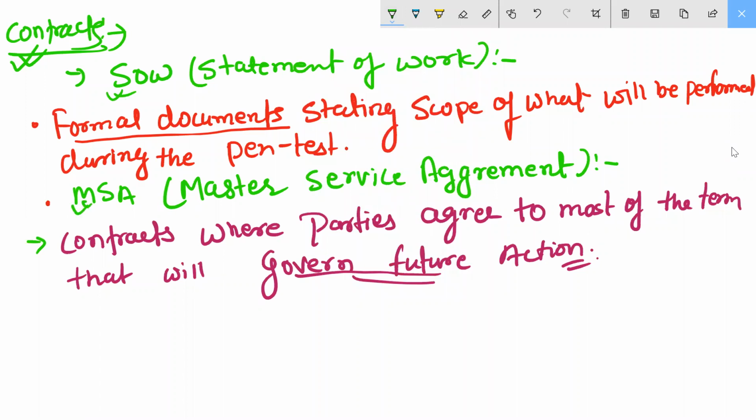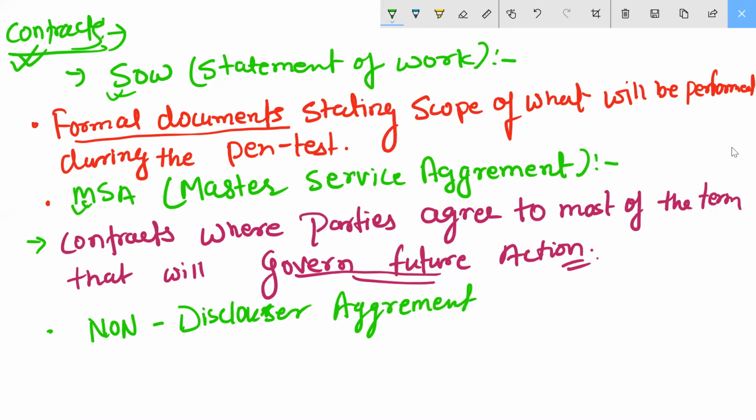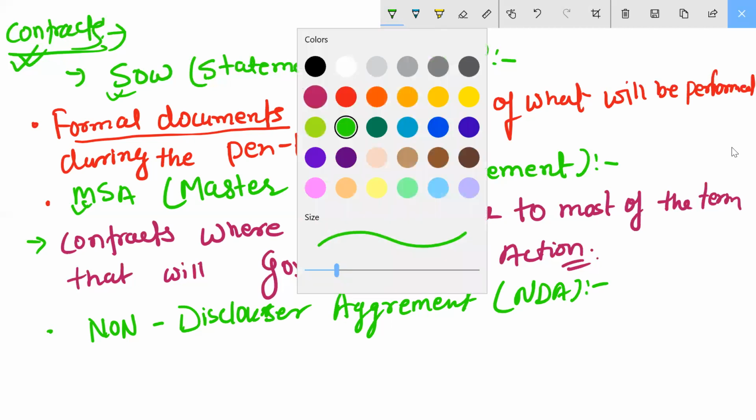The third point is the non-disclosure agreement, that is called NDA. What is it telling you? Just try to understand this point.